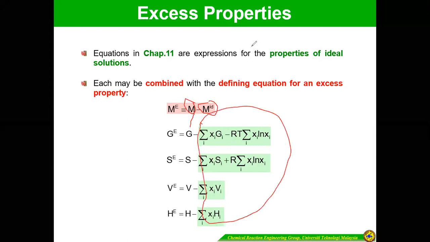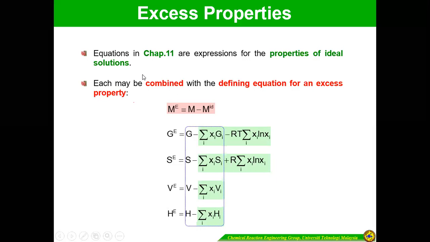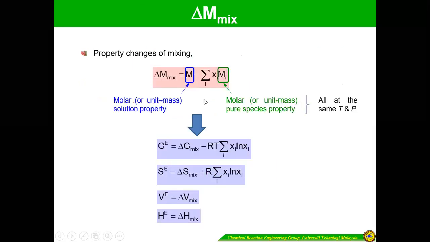Okay, both of these are from chapter 11. But if we take this one as delta G, delta S, delta V, as well as delta H, so if you look at here, what does it become? Okay, it becomes this equation.